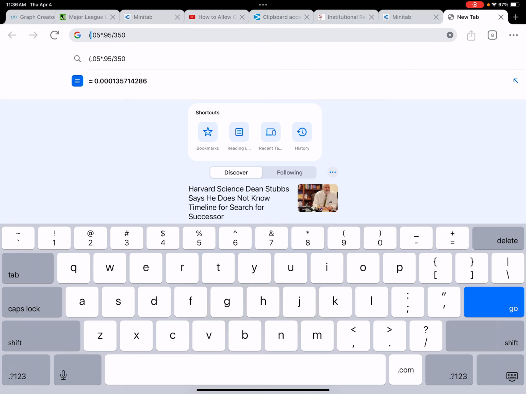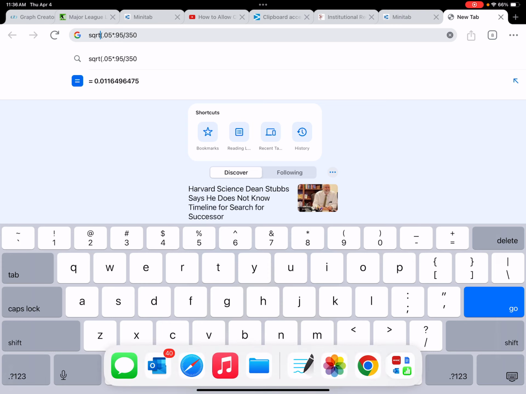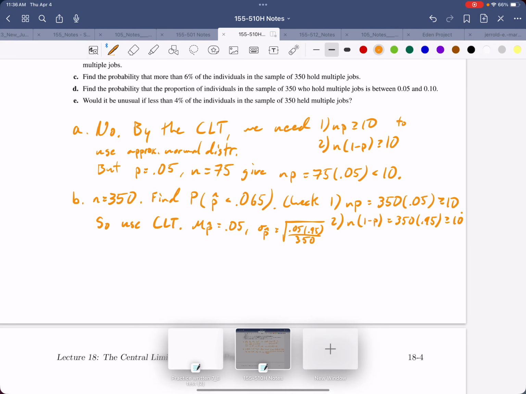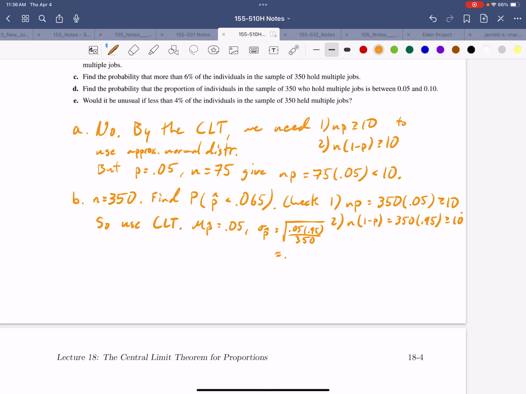That's about 0.01. Actually, I think we should go out one more digit, so it's 0.012.